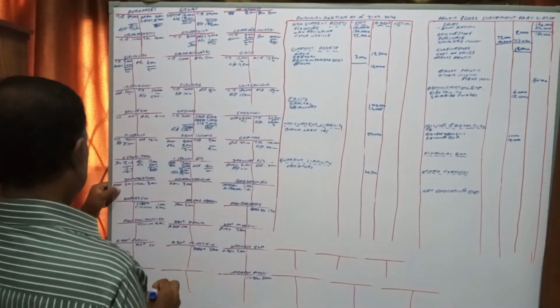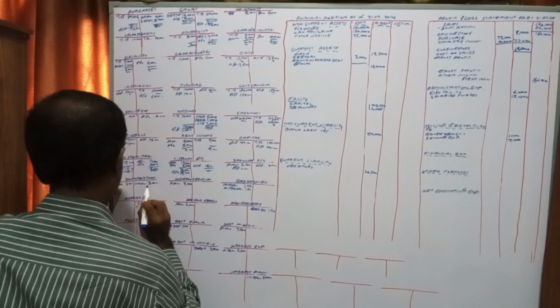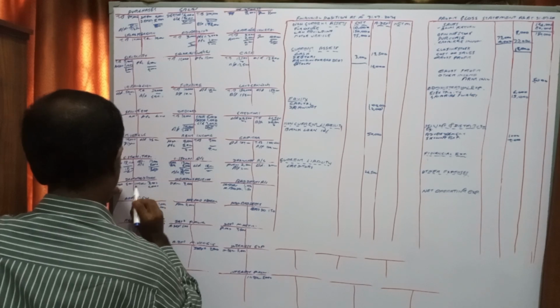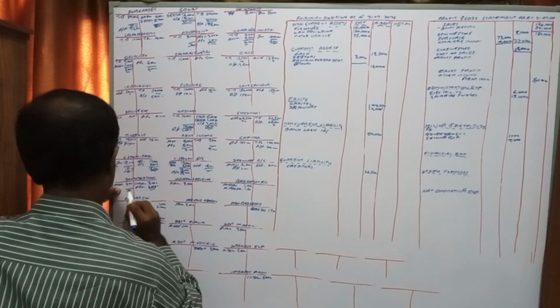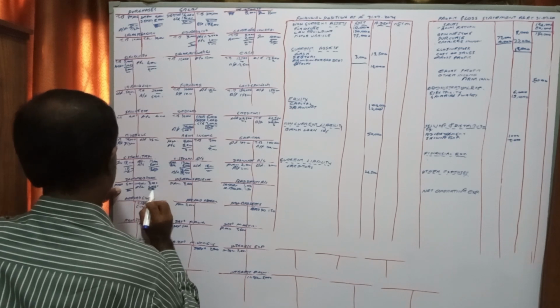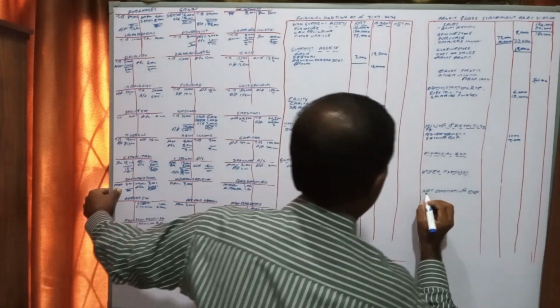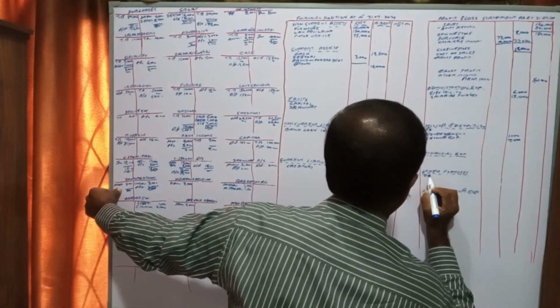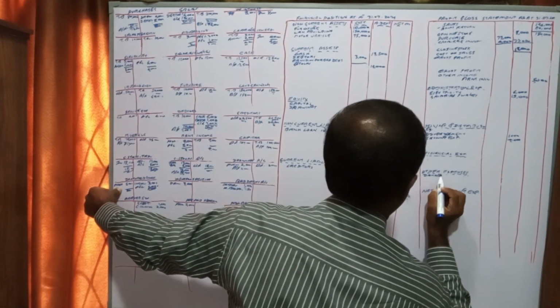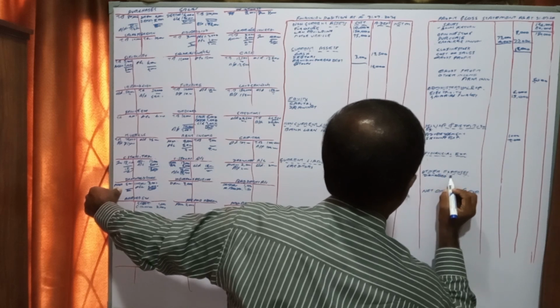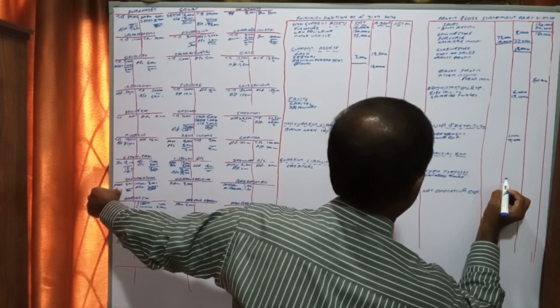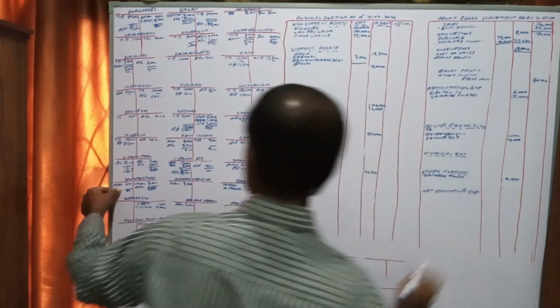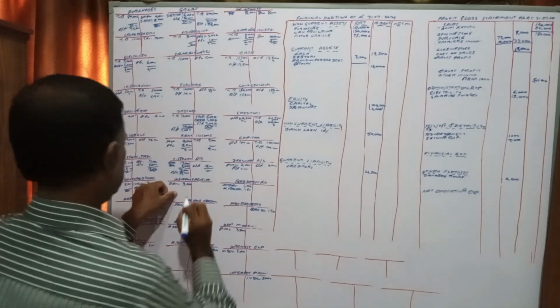Right, damaged goods P&L 5,000, 2,000 damaged goods.